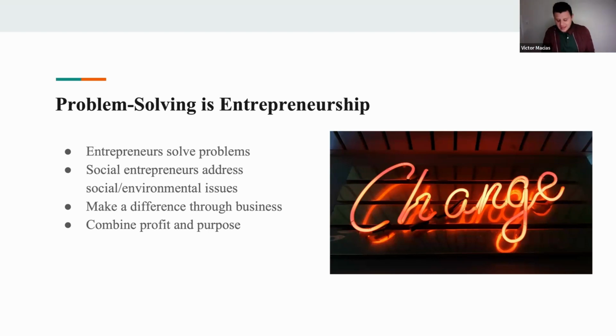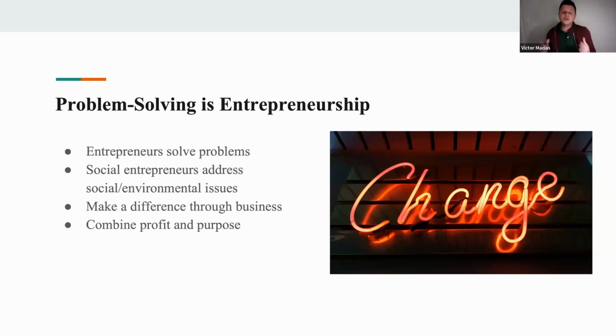If you ask any successful entrepreneur how to grow, how to make more money, a lot of times they're going to say, well, find a problem somebody has and solve it for them, right? That's your job. Now, the slight angle of a social entrepreneur is they look for social and environmental issues to solve. And you're able to make a difference through a business and you're able to combine profit and purpose.